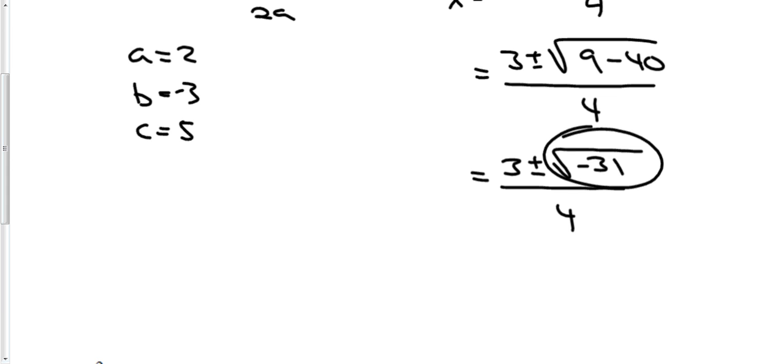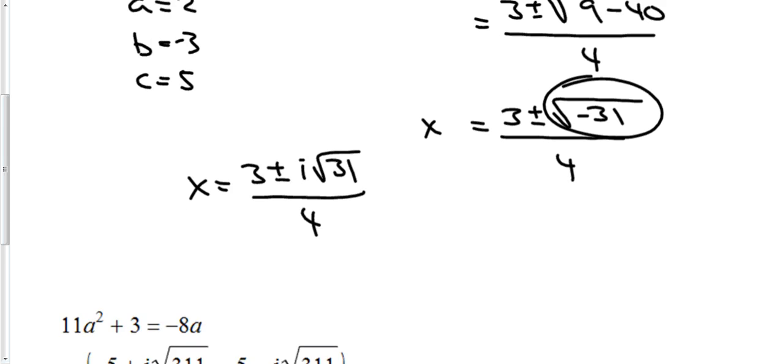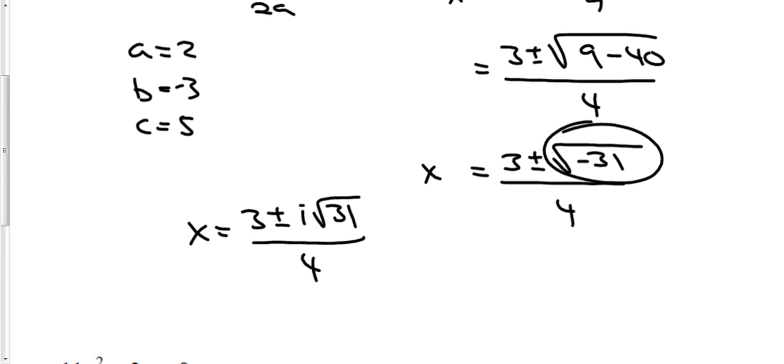So my answers become x is going to be equal to 3 plus or minus i times the square root of 31. The negative can come out by becoming an i, which is what I wanted to do, over 4, which makes my two answers x equal to 3 over 4 plus or minus the square root of 31 over 4 i.